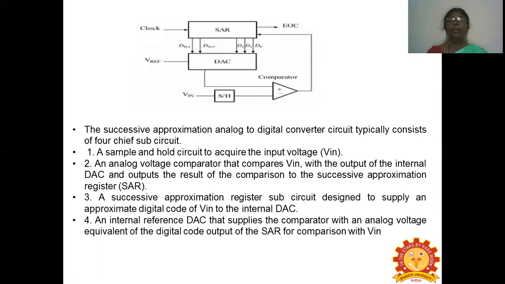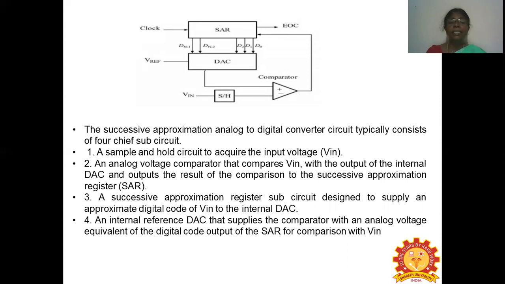That is the comparator output given to the input of the SAR. Third, a successive approximation register subcircuit designed to supply an approximate digital code of the input voltage to the internal digital to analog converter.